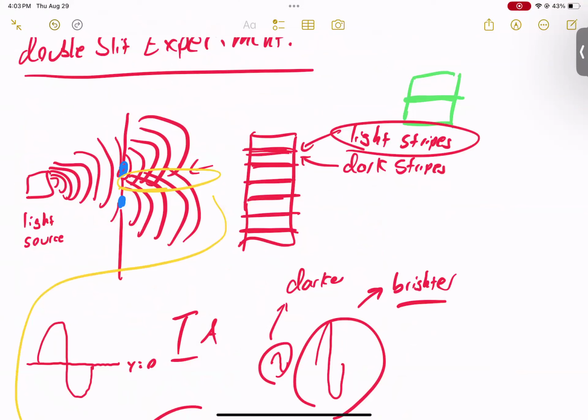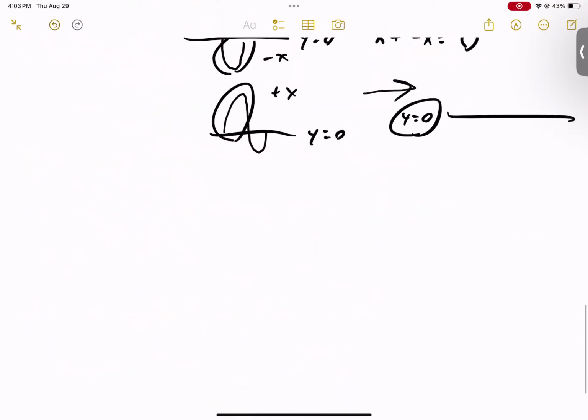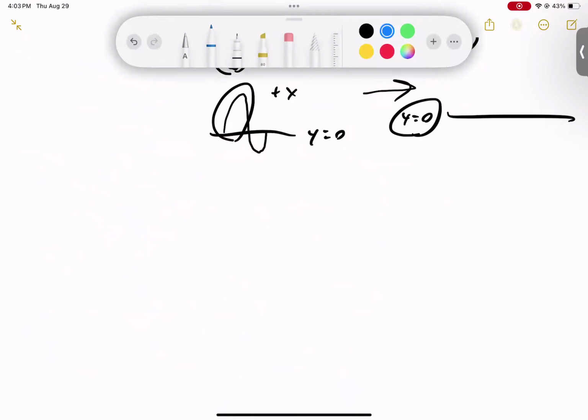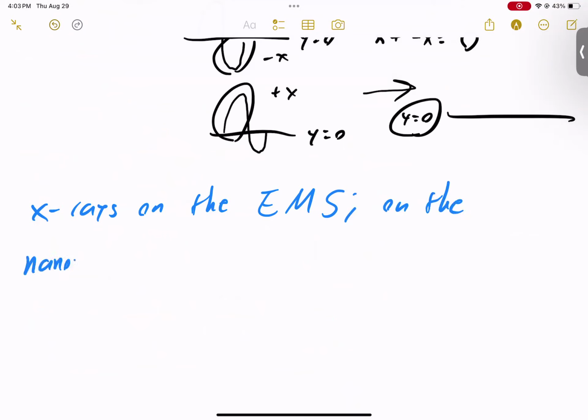Now, okay, great. Why is this important? The reason why it's important is because if we go to X-ray diffraction, well, X-rays are on the electromagnetic spectrum, EMS, and they are on the nanometer scale.